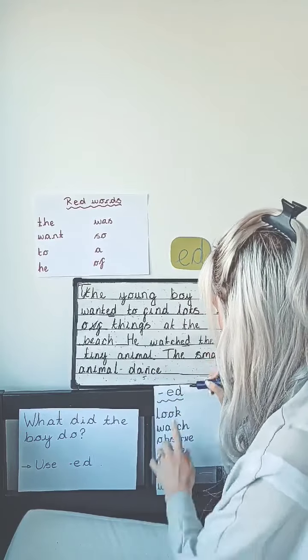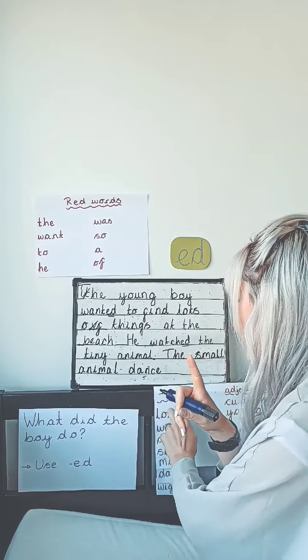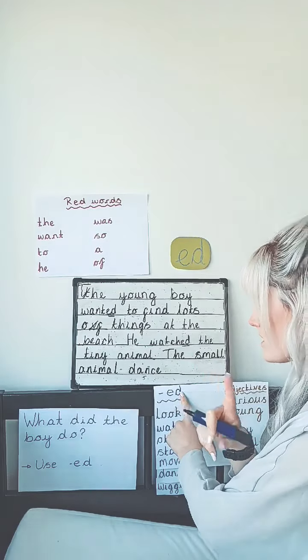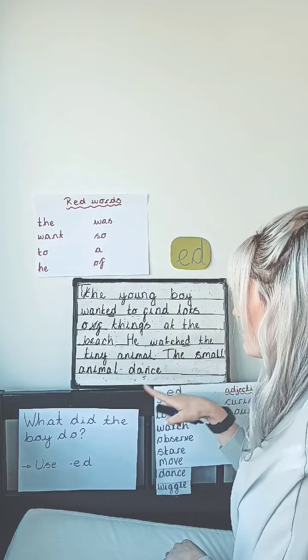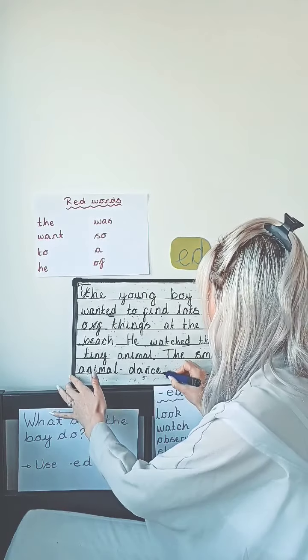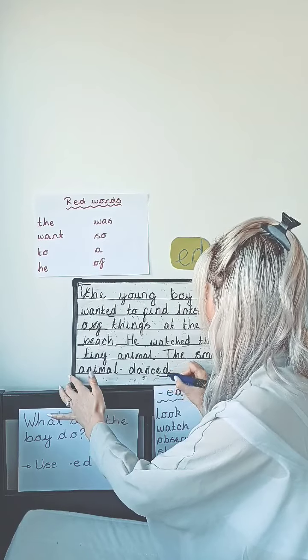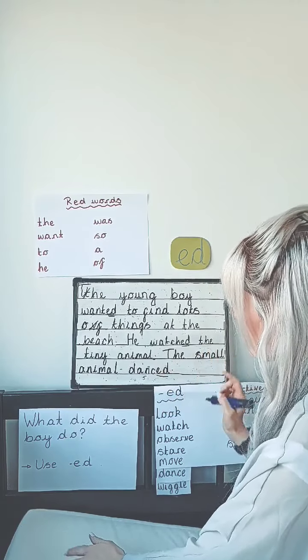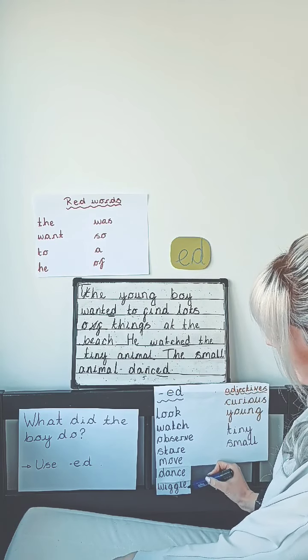So dance, ed. But wait a minute, we don't need to write the E and the D this time, because words that end in E, like dance, you only need to add the D on the end. Like this, full stop. So we've got our ED. So that'll be the same for observe, stare, move, dance and wiggle.